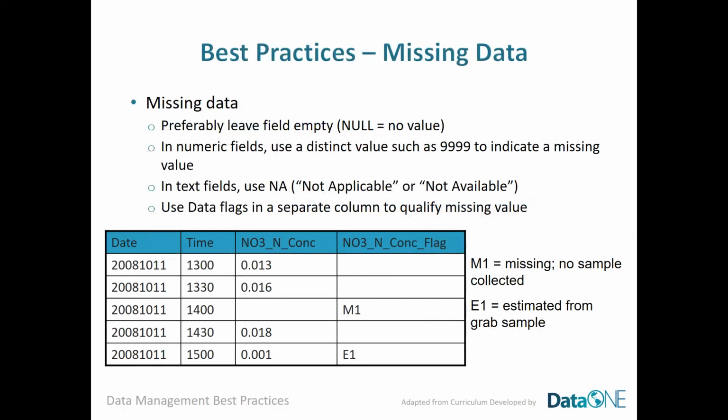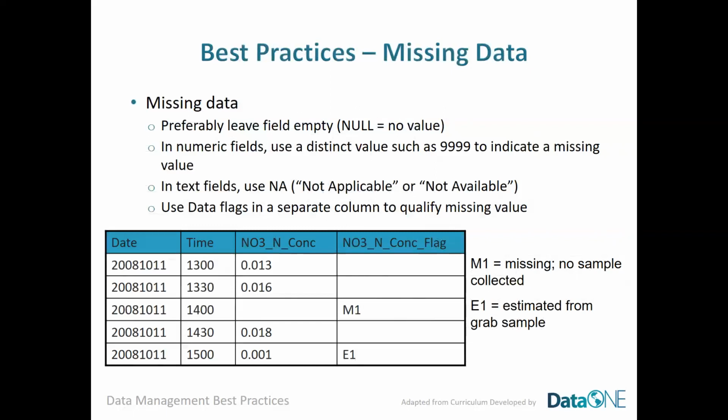And then if you need to explain something about particular data entry points, you can use data flags in a separate column to qualify empty cells. For example, in this example, you see this is a spreadsheet full of stream chemistry data. So the flag M1 on that third observation indicates that the sample was not collected at that time interval.